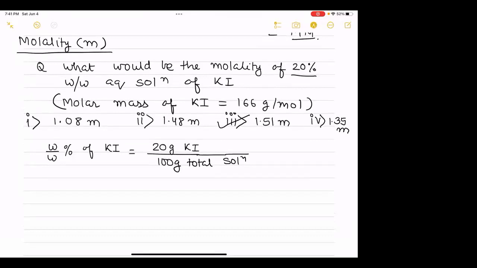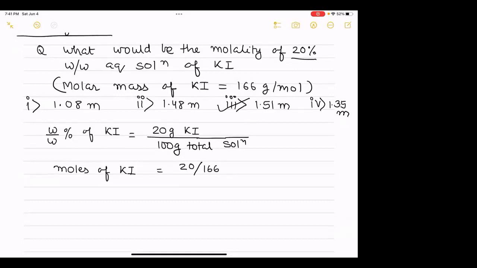Now in the numerator, I need the moles of KI, which I can get very easily by dividing 20, which is the mass of KI, by its molar mass 166.